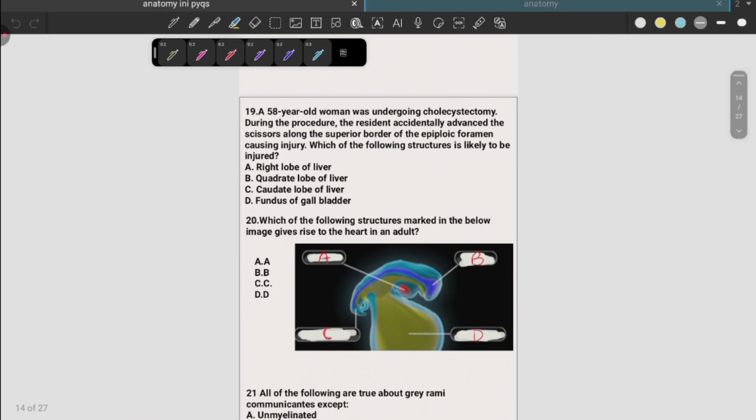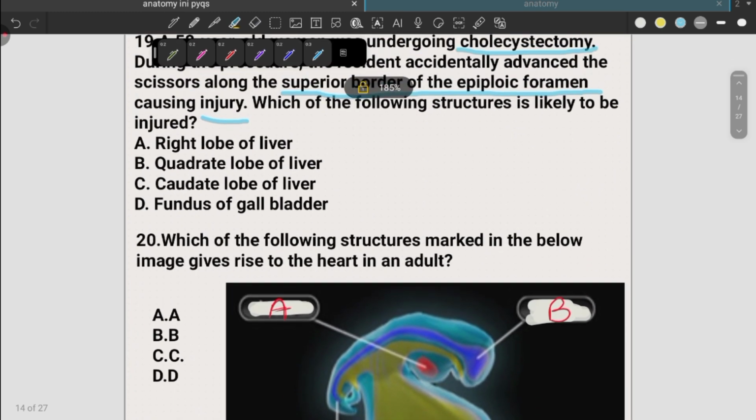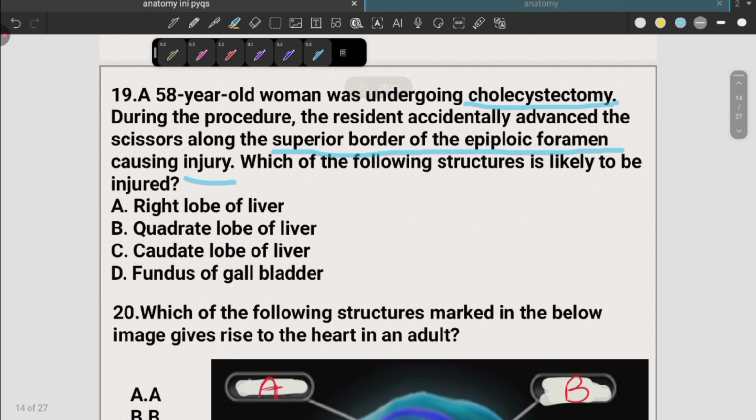Next, coming to the 19th one, a 58-year-old woman was undergoing cholecystectomy. During the procedure, the resident accidentally advanced the scissors along the superior border of the epiploic foramen, causing injury. Now they are asking which of the following structures is likely to be injured.